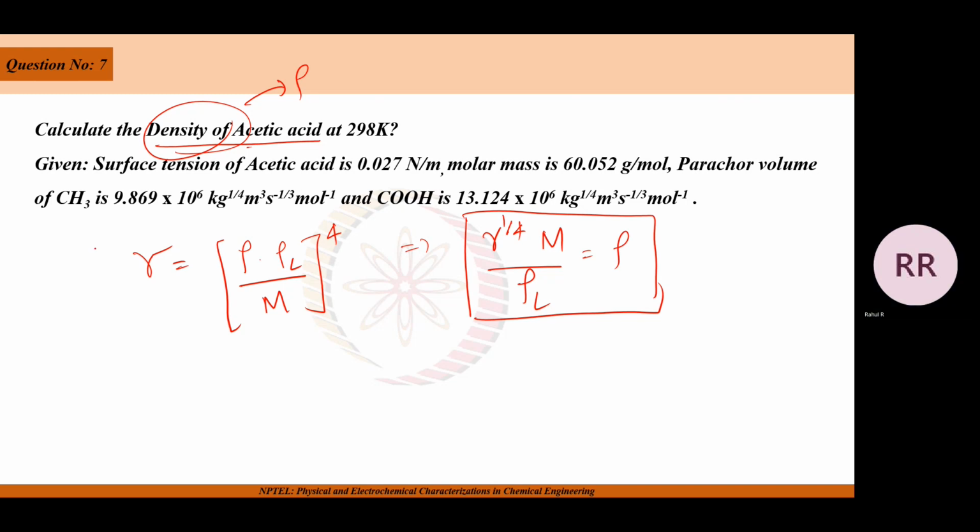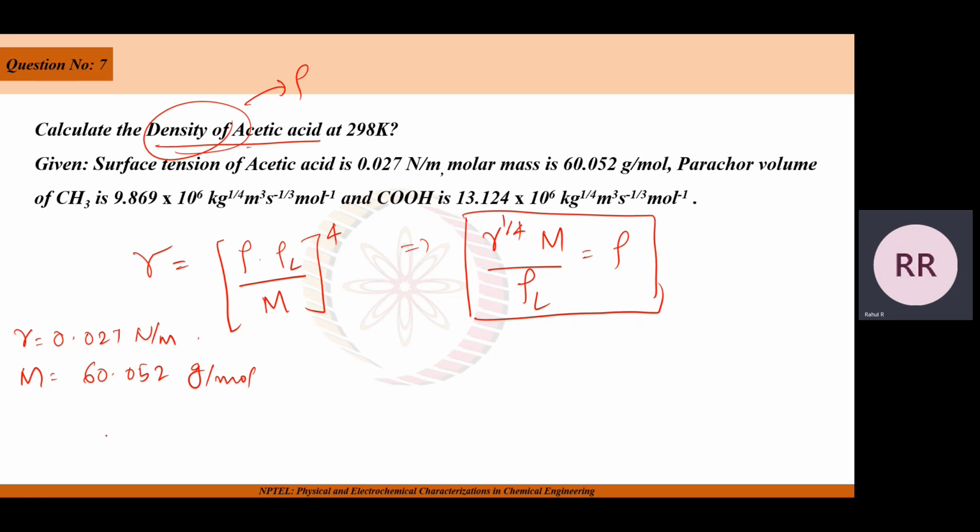Here the value of gamma is given as 0.027 Newton per meter, and the value of M is given as 60.052 gram per mole. For this we need to know the chemical formula of acetic acid.